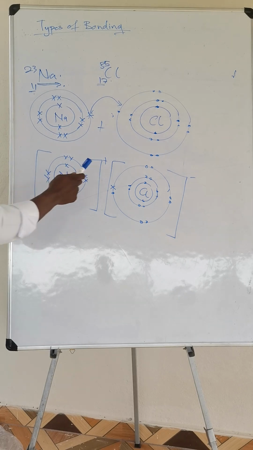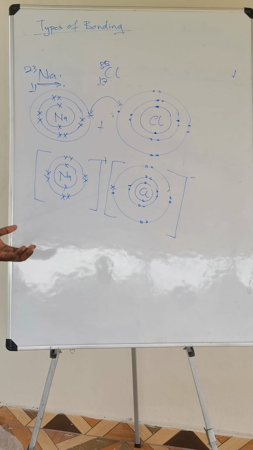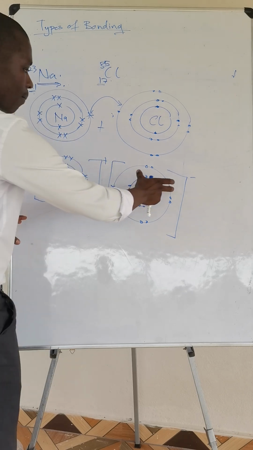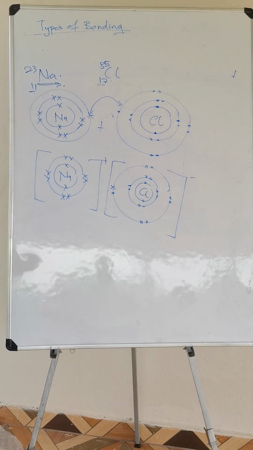These opposite charges, as you know, attract each other, and same charges repel. This promotes a strong attractive force between the two ions, and the compound is called an ionic compound.